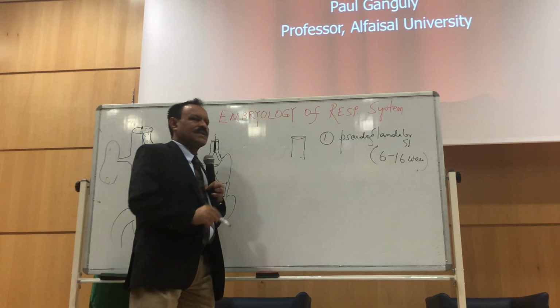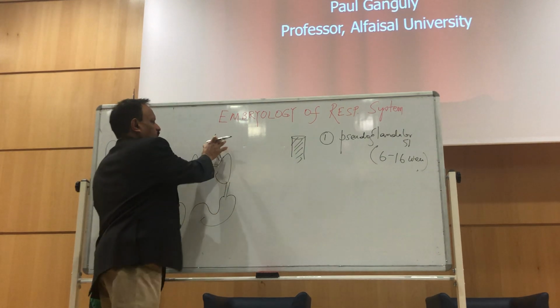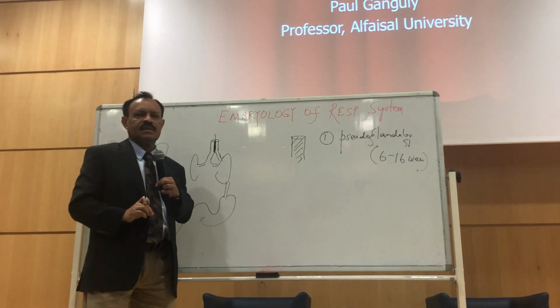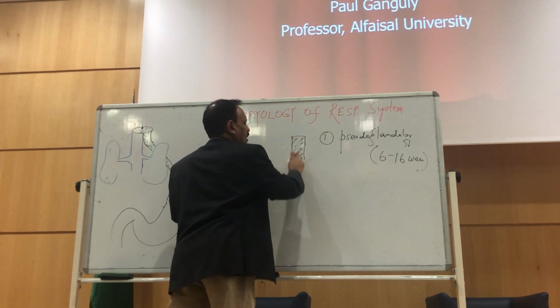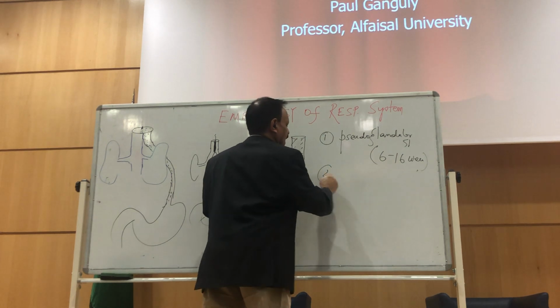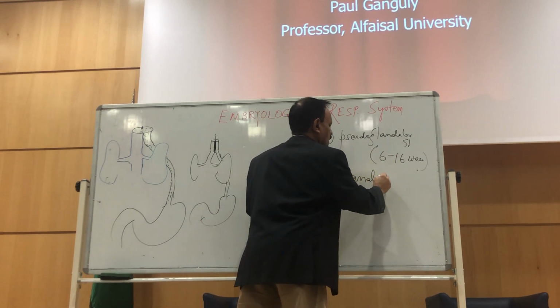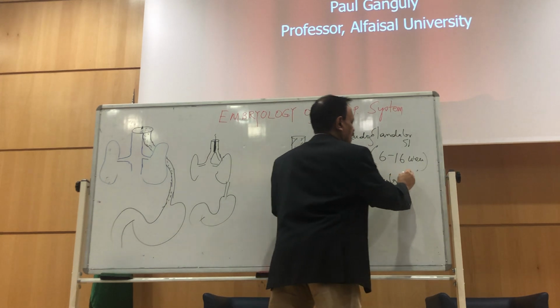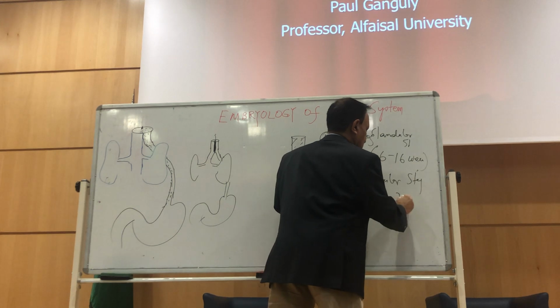Initially, this part was solid. Then a little bit of canalicular will be formed. So the second stage is the canalicular stage. It's very easy to remember. That is between 16 to 26 weeks.